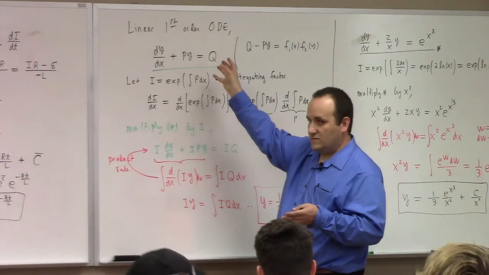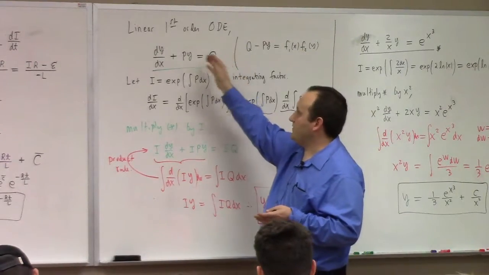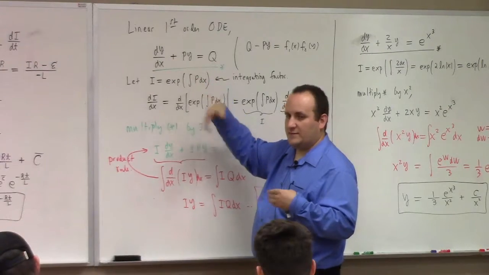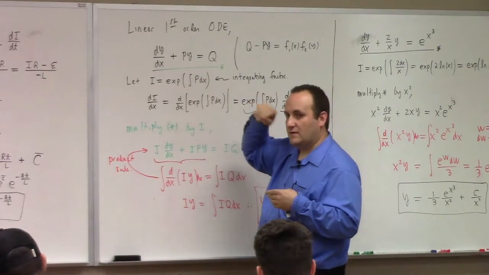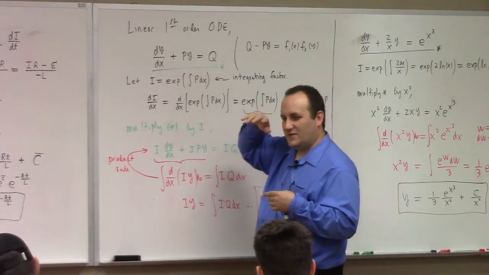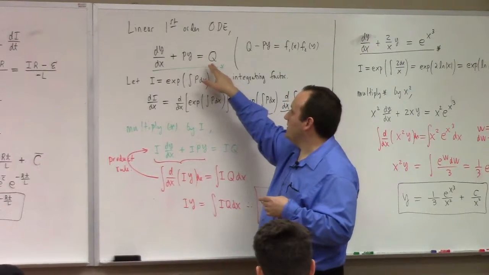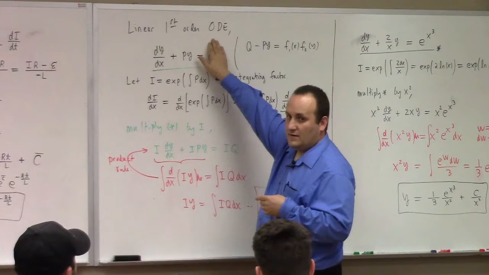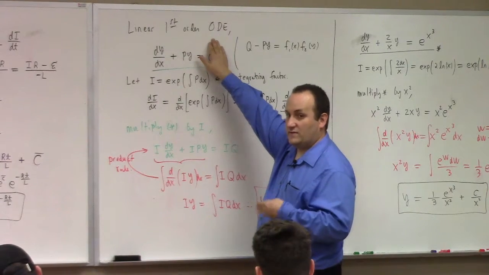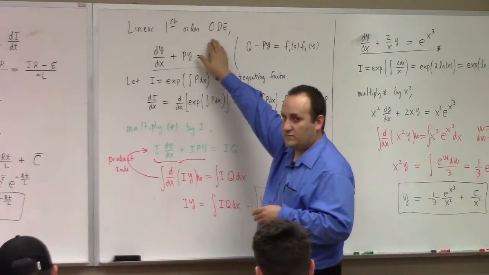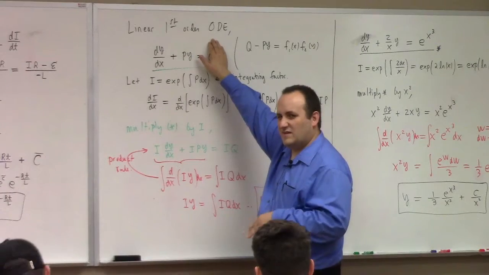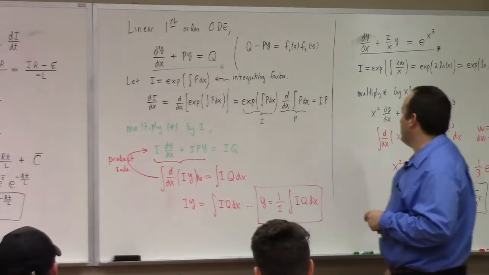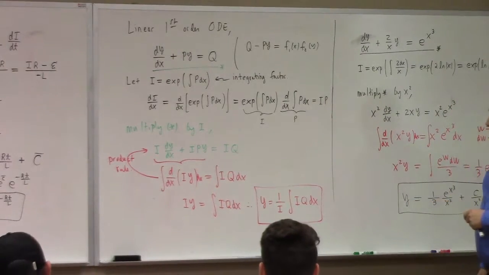Now what that means is that if you have solutions to a linear differential equation, there's an interesting structure, like the sum of solutions is again a solution, but not quite true here because of the Q. If you have 0 here, if you have a homogeneous linear equation, then the sum of two solutions is again a solution. And so it has a really nice structure, but this is the sort of thing we'll talk about in differential equations. I can talk to you more about it after class if you want.